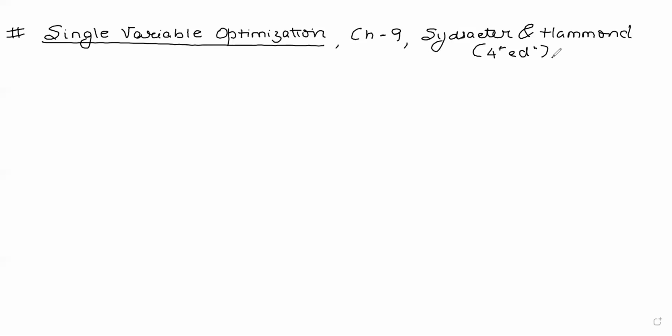Similarly, the minimum value attained and the point of minima. We will also look at the curvature of the function: is it concave, is it convex, is it strictly increasing, strictly decreasing. Let's look at all these concepts within our lectures on single variable optimization.